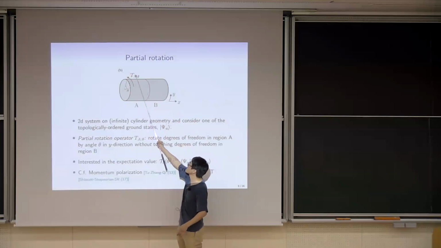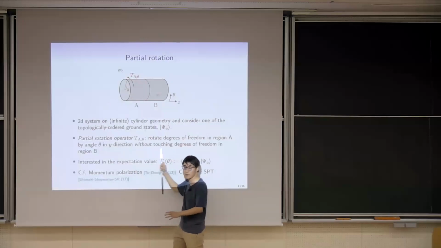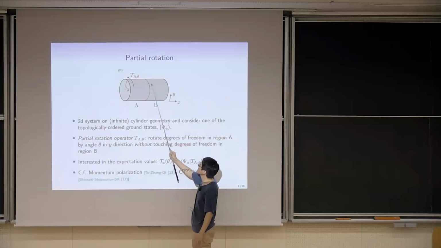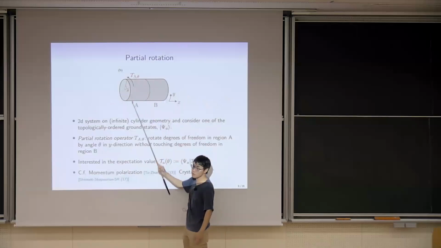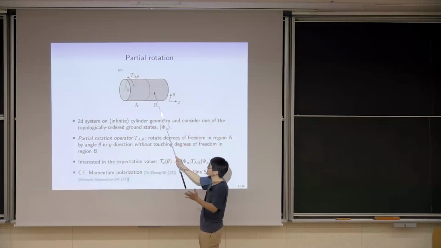I put this subscript A here because I do it only for a part of this infinite cylinder, let's say half of the cylinder. I first bipartition my cylinder into two regions, and then I do this rotation only for region A. That's why we call this operation partial rotation.